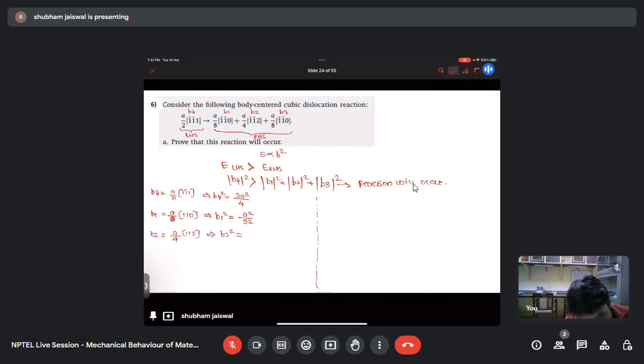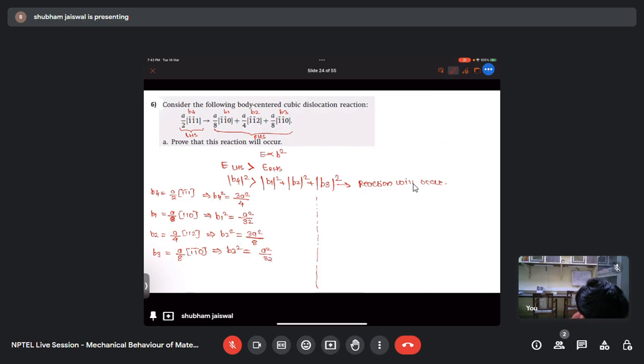So B2 square will be 3a square by 8. Similarly, B3 is a by 8, 1 bar, 1 bar, 0. So B3 square is how much? a square by 32.